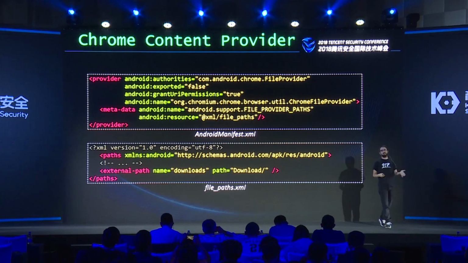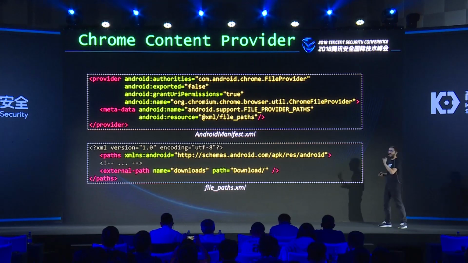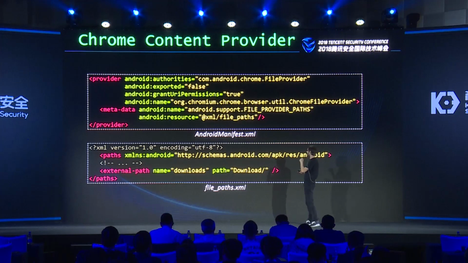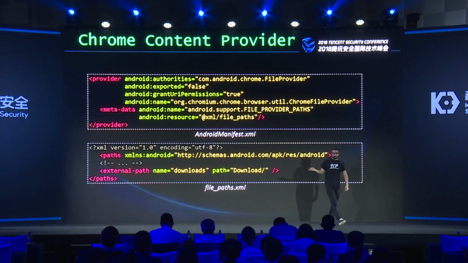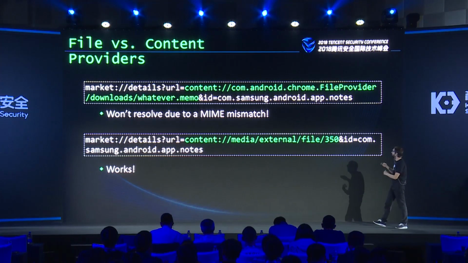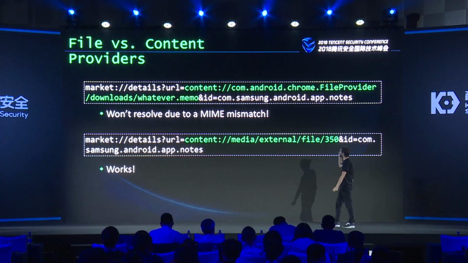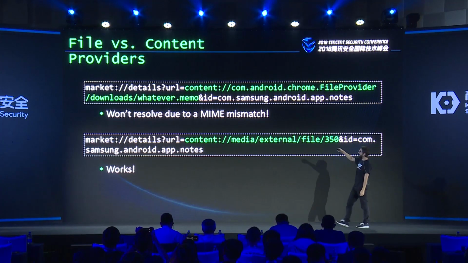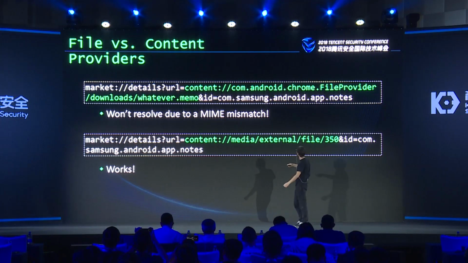So if you have a file in the download folder, you have a URL starting with content:// that will map to this file. So we can try something like this. We can specify the URL to be content://, then the file provider URL and the file name at the end.